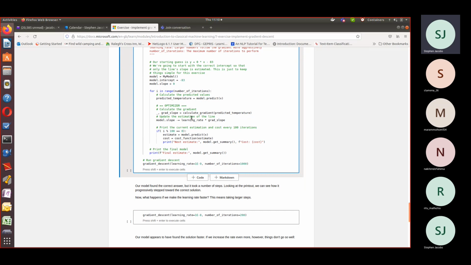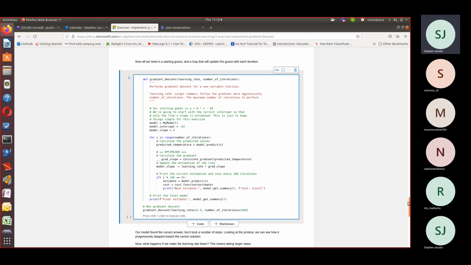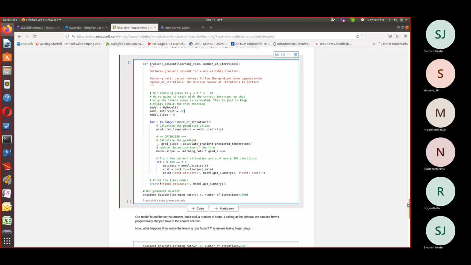That's what's happening here. So for i in the range of number of iterations, calculate the predicted value. Where did we set that? We set that to be the maximum number of iterations to perform. See if we can find that.